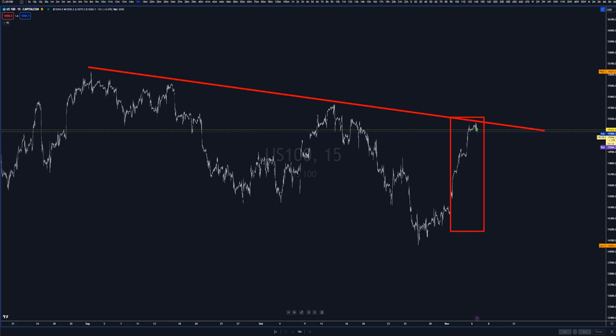The determination of trend is: if the market is making higher highs and higher lows, we call this an uptrend. And if the market is making lower highs and lower lows, we are in a downtrend.